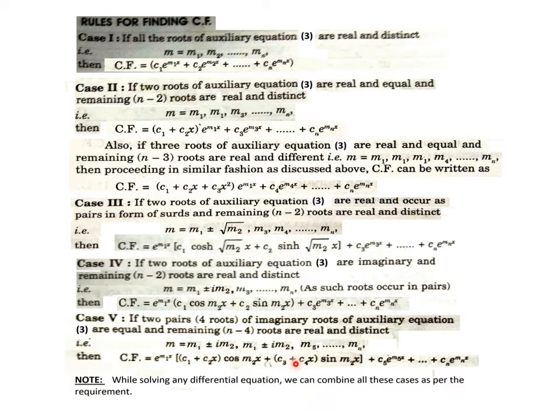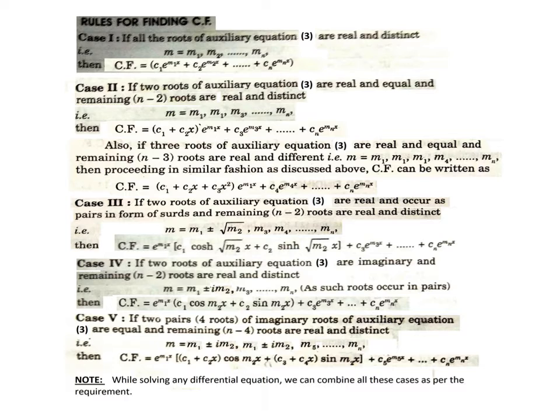And there is one important note: while solving any differential equation, we can combine all these cases as per the requirement. That means, depending upon the particular problem and the roots of the auxiliary equation, how and when, as per the requirement, we have to mix them.